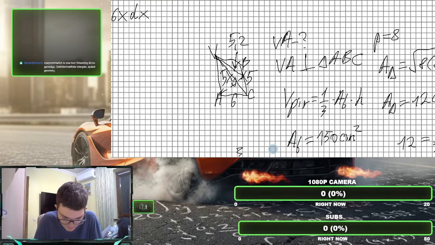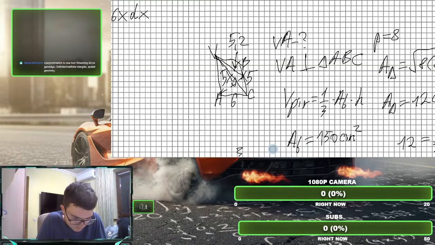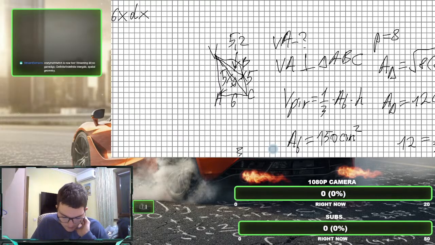And VA is perpendicular with ABC, so it should form a 90-degree angle with A. So perhaps now I can apply the Pythagorean theorem.